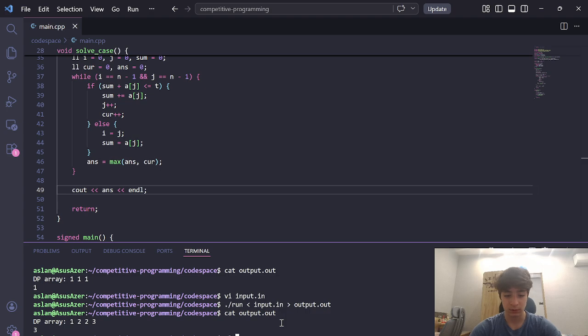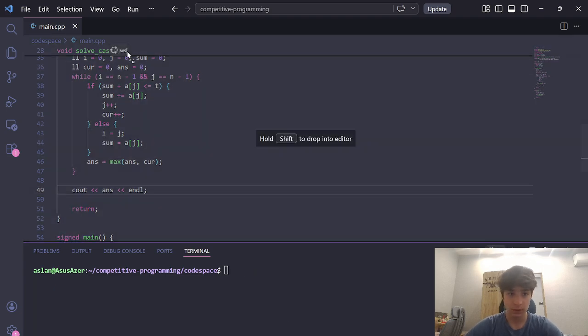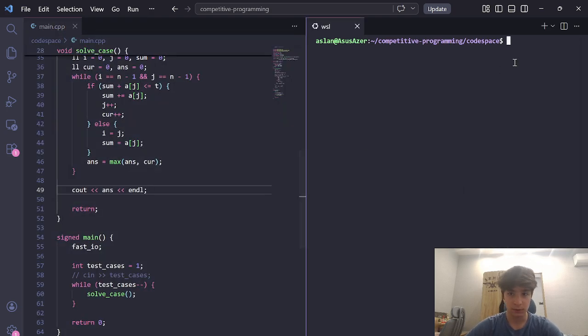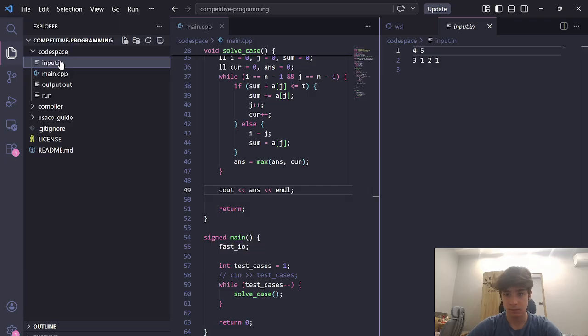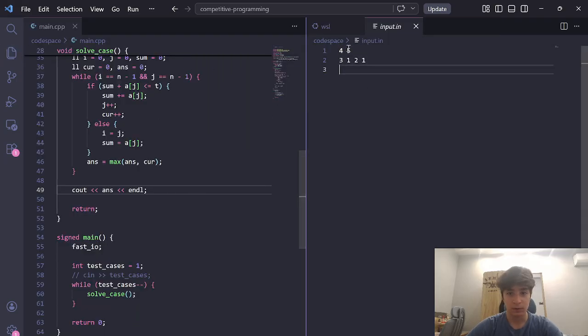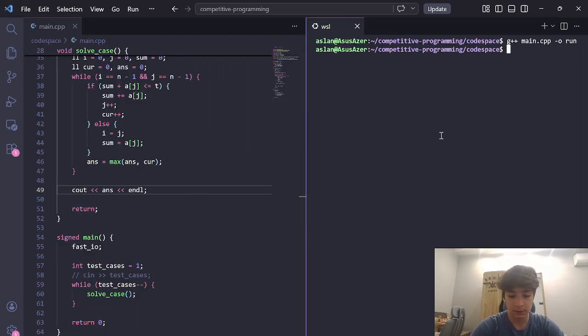Let's clear this. Let's take it right there and compile my file. Okay, so then let's do this.